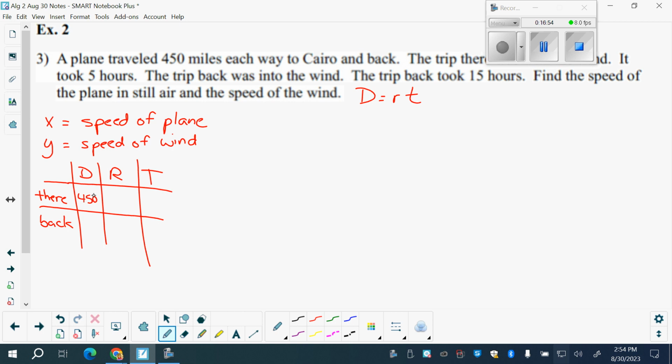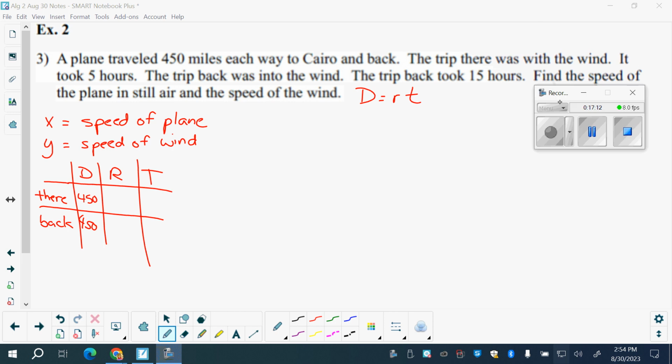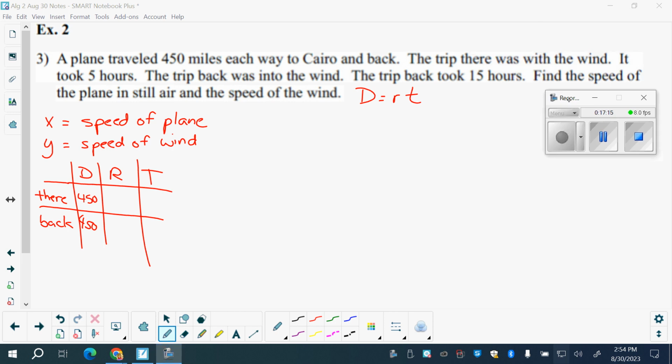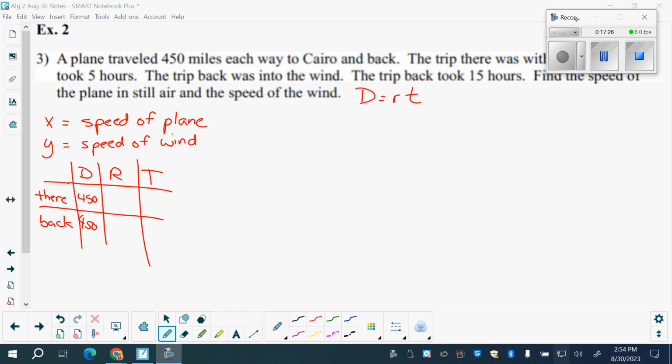What's the distance back? Also 450. And so for the speed, we're going to have to do something with that x and the y. It says the trip there is with the wind. Does the wind make it faster or slower when it's with the wind? Makes it faster. So we're going to add the x plus the y.